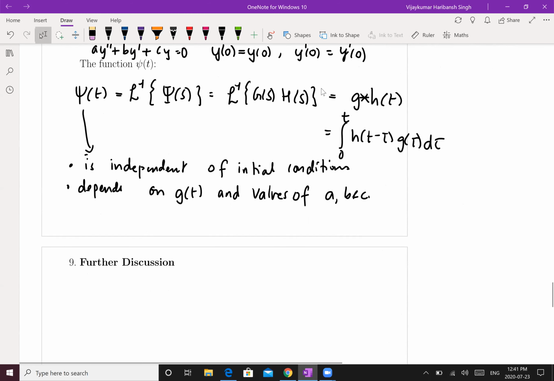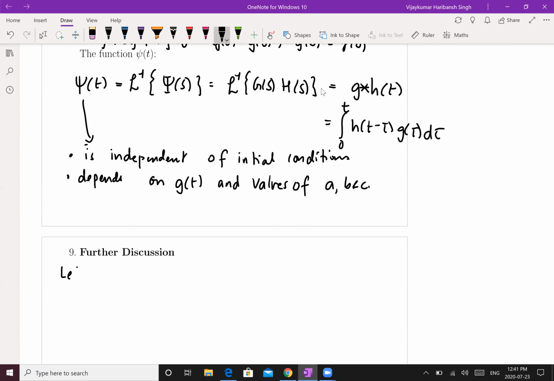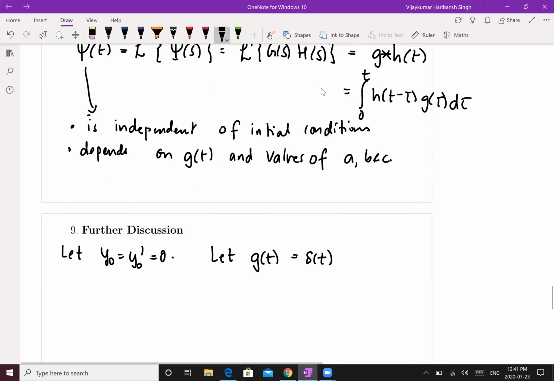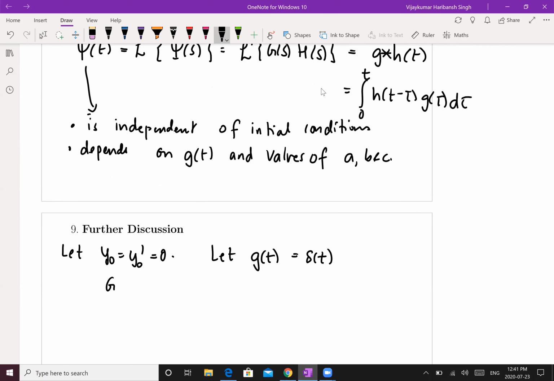Now let's discuss this a bit further. Let's simplify the situation when we have y0 equals y0 prime equals 0, and let's take g of t to be a special function, the Dirac delta function. Then g of s is going to be L of this function, and we have already seen that L of this function is 1.